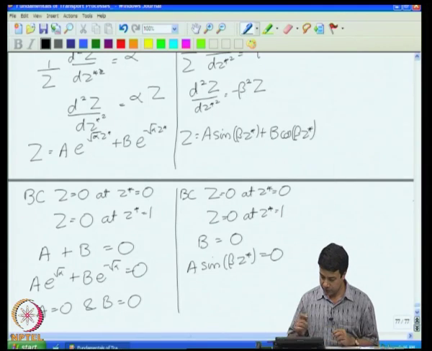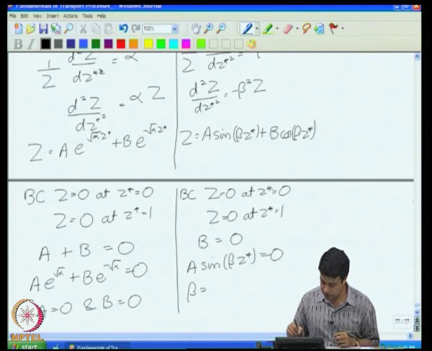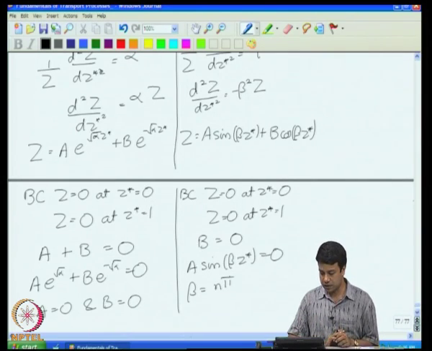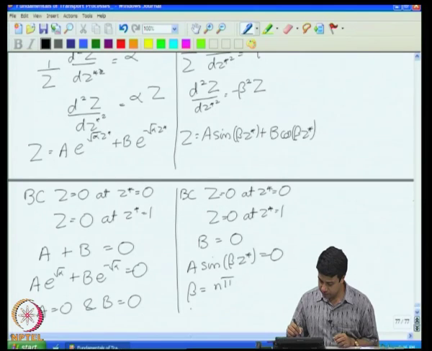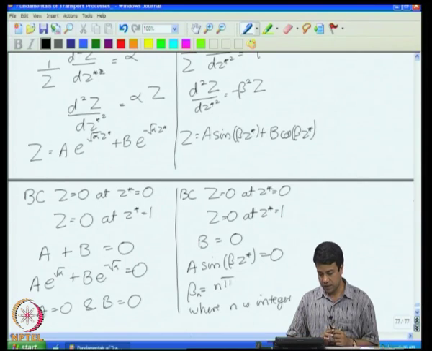If I take beta is equal to n times pi, where n is an integer, I will call this beta n, where n is any integer value. So, n is equal to 0, sine of 0 is 0, n equals 1, sine pi is equal to 0, z star is 1, 2 pi, 3 pi, etc. Any value of the integer will satisfy this equation.